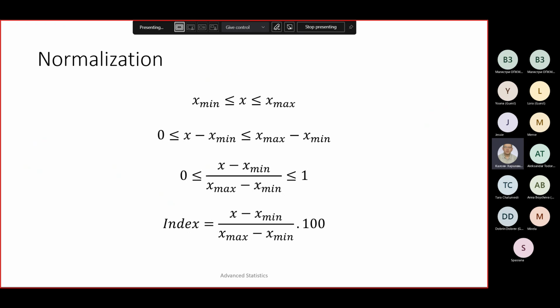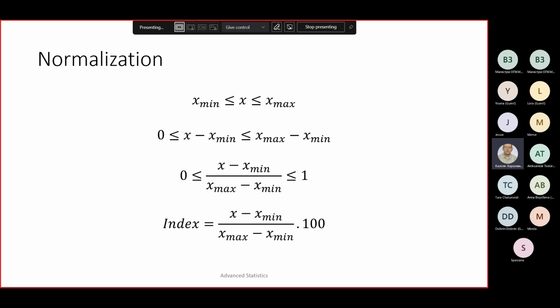We can make normalization when we know the lowest and the largest value of one variable, theoretically.